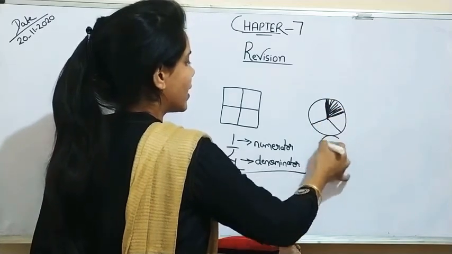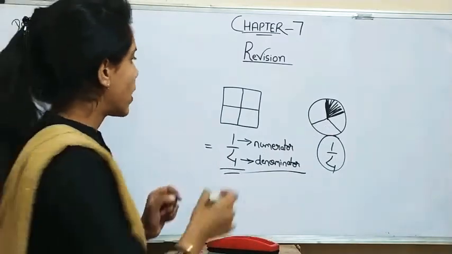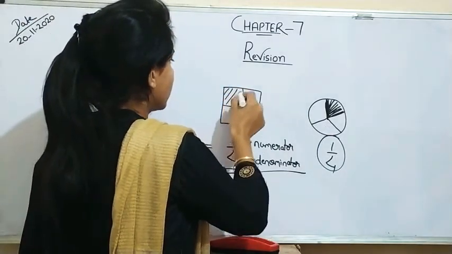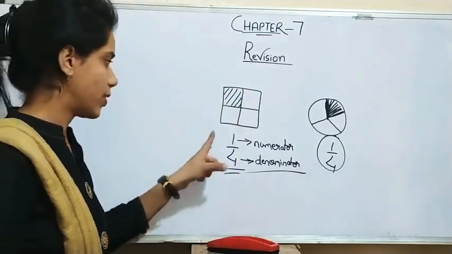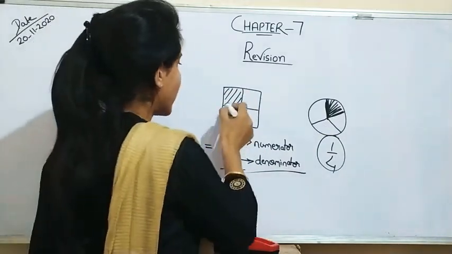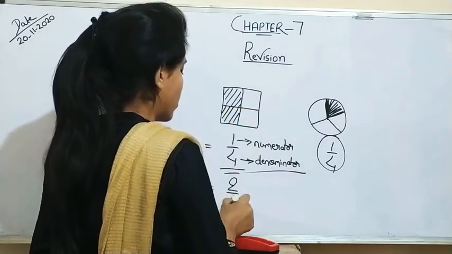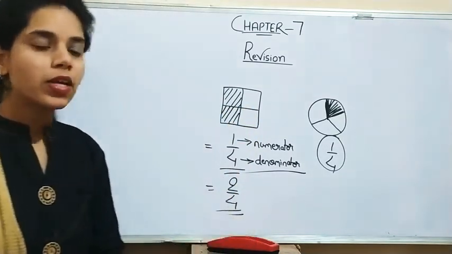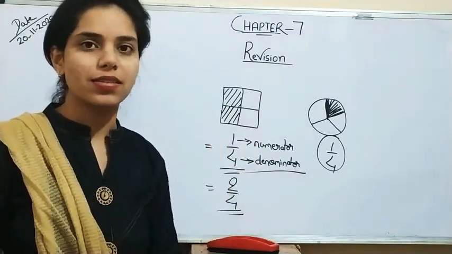So we can write 1 by 4. If I shade one part, it will be written like this. If I shade two parts, it can be written like this, 2 by 4. In this way, fraction comes into existence.